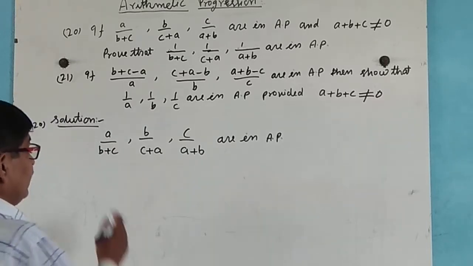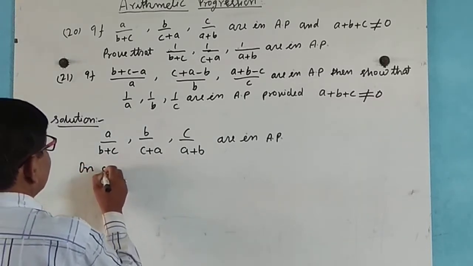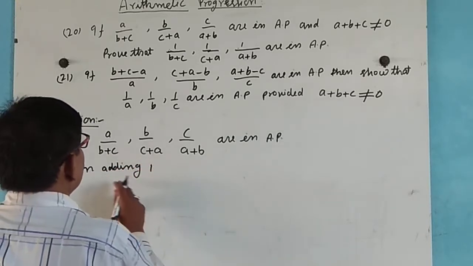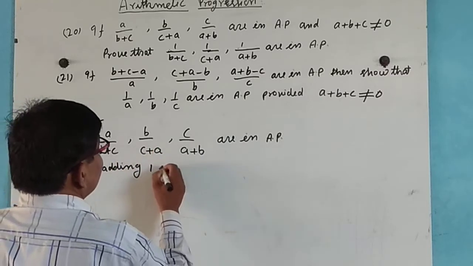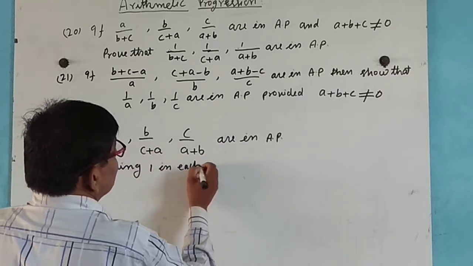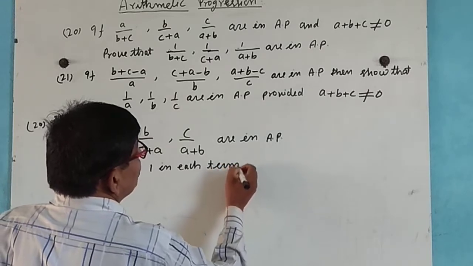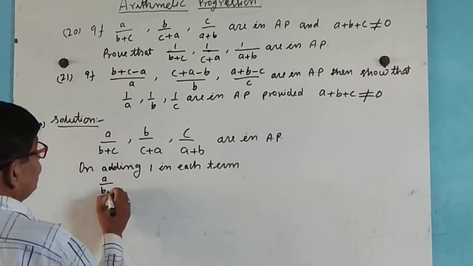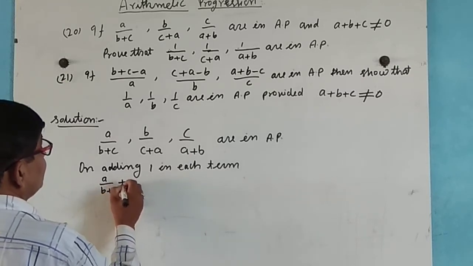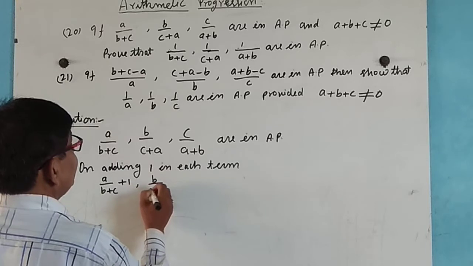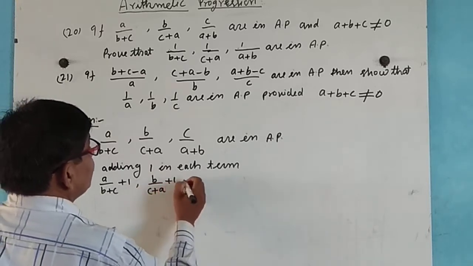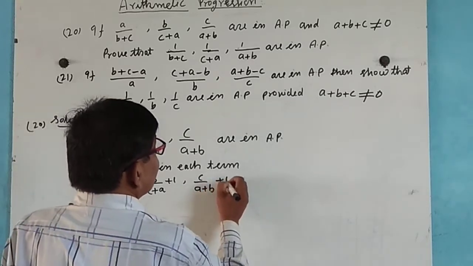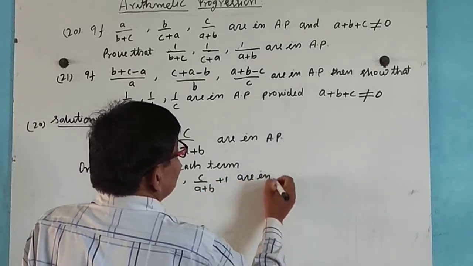Now on adding one in each term, a by b plus c plus 1, b by c plus a plus 1, c by a plus b plus 1 are in AP.